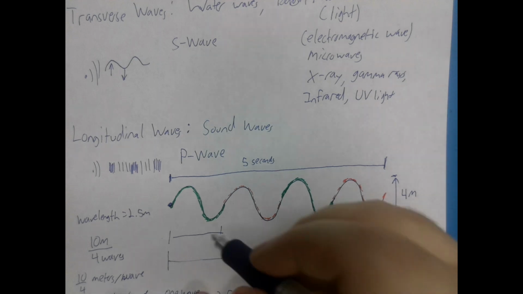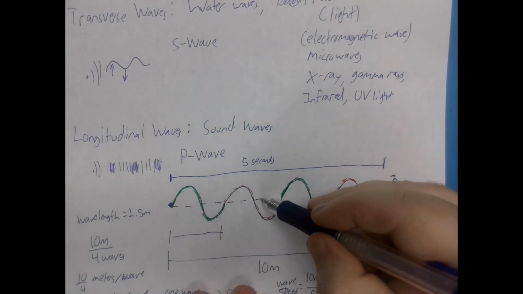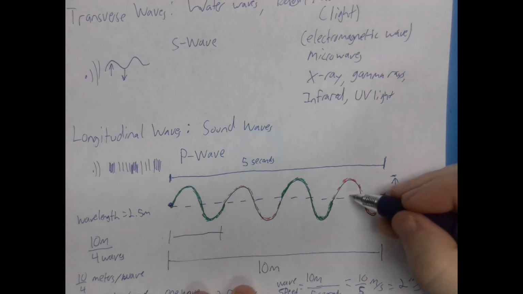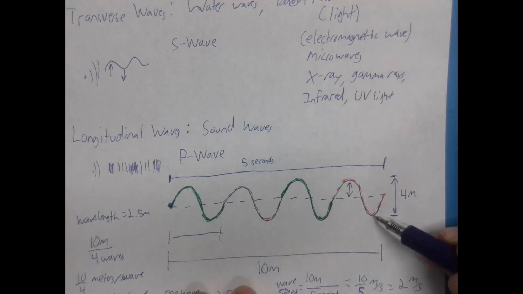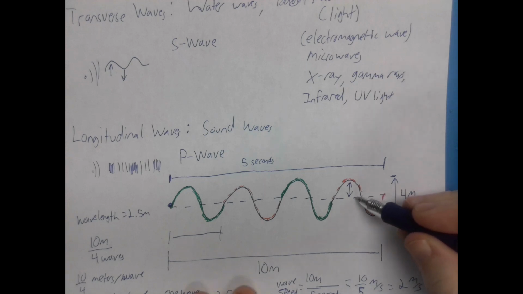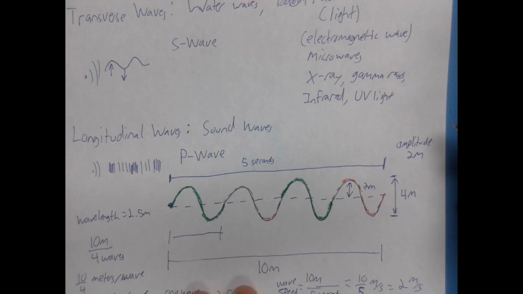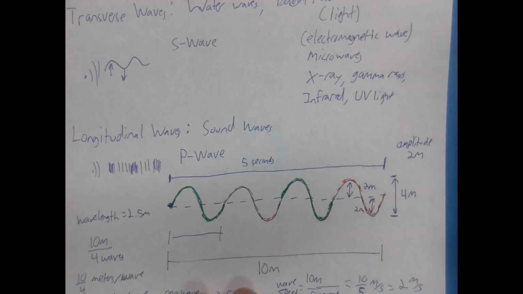So amplitude is the distance from this midline up to a crest. So the amplitude is this distance right here. If the distance between a trough and a crest is 4 meters, then the distance from the midline to a crest would be 2 meters. So the amplitude would be 2 meters. It's also the same distance right here, 2 meters.